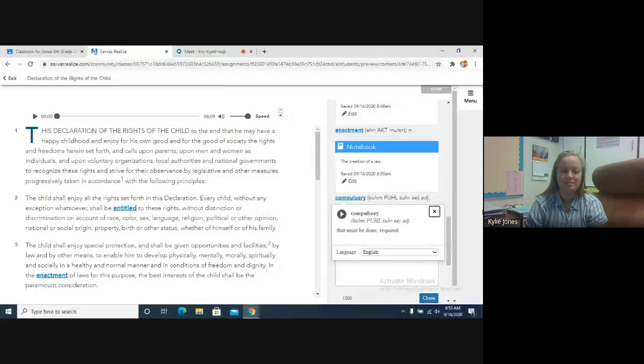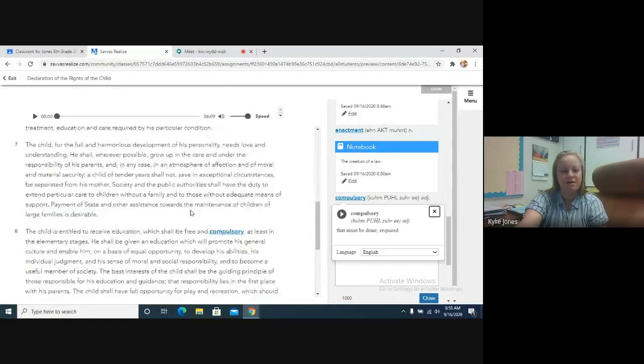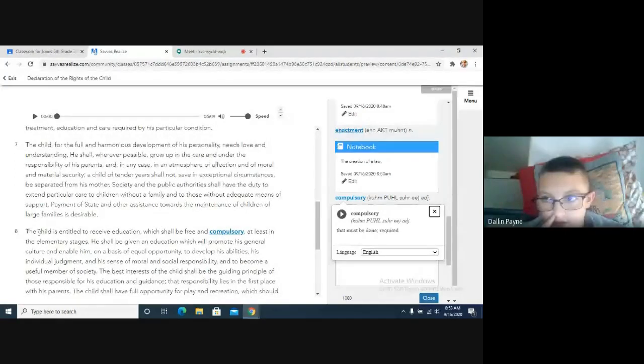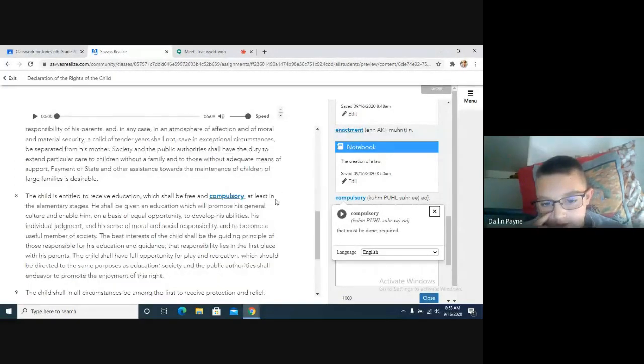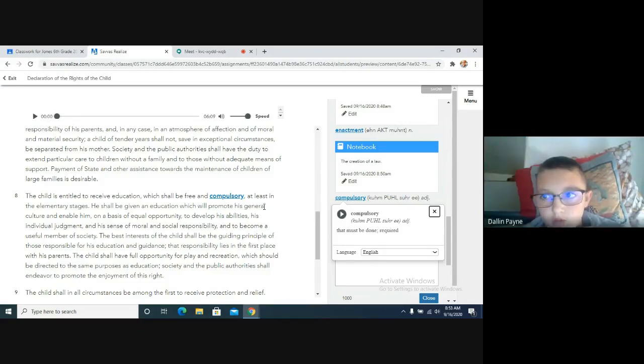So the sentence that they were talking about, where if you scroll down, it's kind of not really a law, though. It's like kind of forcing. It is a little bit. Typically, especially since this is a legal document, if they're saying it's compulsory, it's probably already a law that they're going to require it to happen.